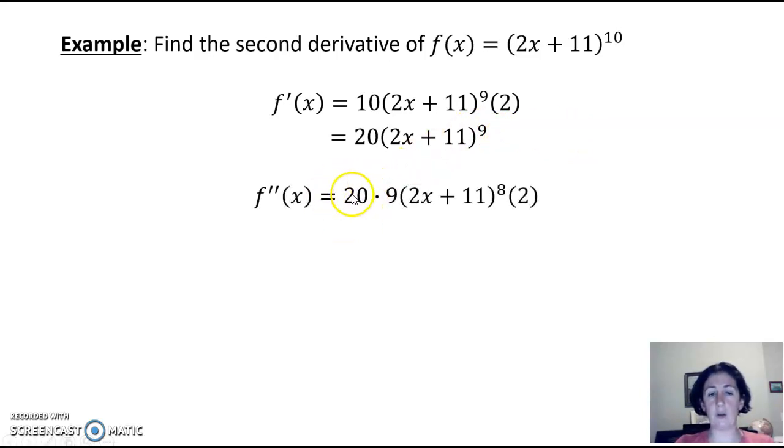So the 20 is the coefficient. We brought the 9 down, left the 2x plus 11 alone, took 1 away for our new exponent, and then multiplied by the derivative of that inside function. And then that 20 times 9 times 2 will simplify to 360 times 2x plus 11 all to the 8th. So we found the second derivative.